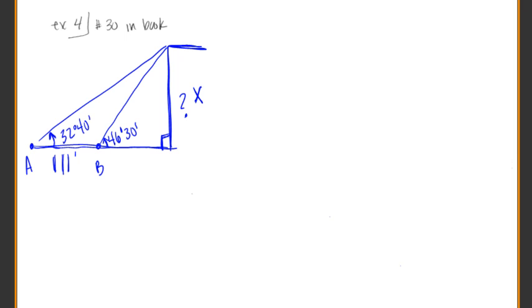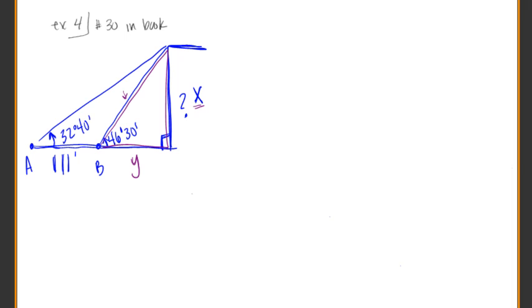Okay? Well, if we look in here, we basically have 2 right triangles going on. We've got a smaller one that's just right here, where we have our hypotenuse sitting right there, a side over here that's x, and a side down here, maybe we'll call that one y.